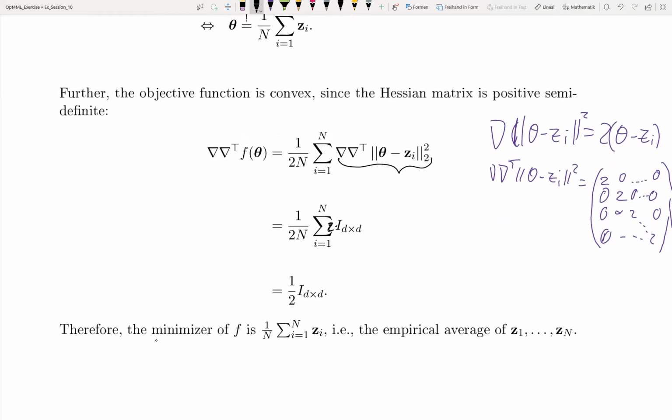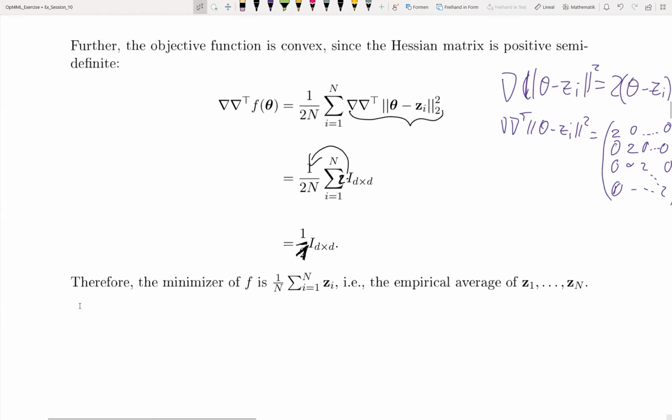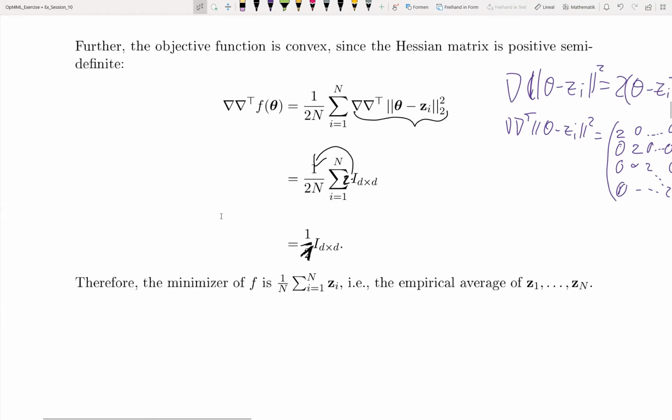So here again, the 2 can be written in front. It would cancel out with the 2 we have anyways here, so it's the identity matrix. The identity matrix is positive semi-definite, all eigenvalues are 1, and so the objective function f is convex.